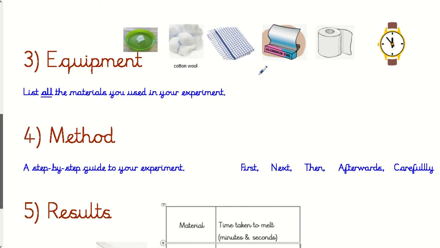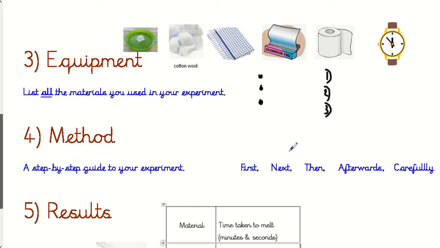You might decide to do a bullet point list and to write out your equipment. You may decide to do a numbered list. It really is up to you, children, how you do the third part of your scientific report.